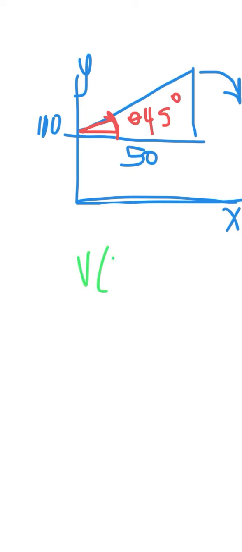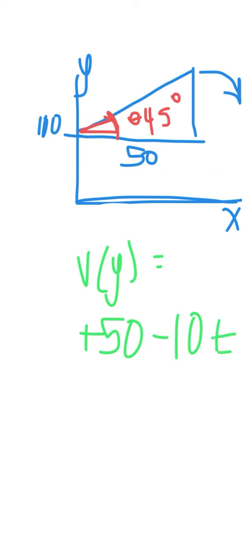Now that we found v of x, let's find v of y. Now vy, similar to y of t, is a little bit more complicated, but it's easy all the same. So we have plus 50, positive 50, minus 10t. Now let's dig into why we have this equation. Plus 50 comes from this 50. It's going in the positive direction.